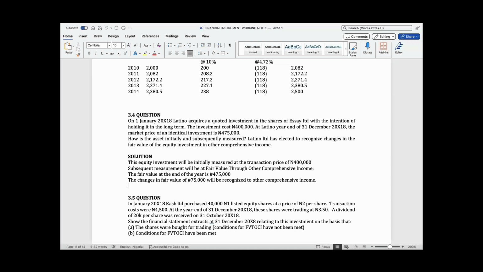Let's say in the next year, you know that this year it was 475. Next year, it came to 450. That loss of 25 will still go to OCI, as a loss.